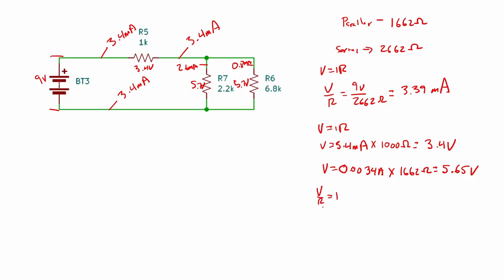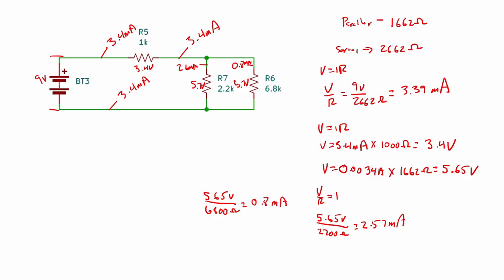So for our 2.2K, it's going to be 5.65 volts divided by 2200 ohms, which gives us 2.57 milliamps. Pretty close to there. And for our 6.8K, we have 5.65 volts divided by 6800 ohms. And that gives us 0.8 milliamps, which is what we got.